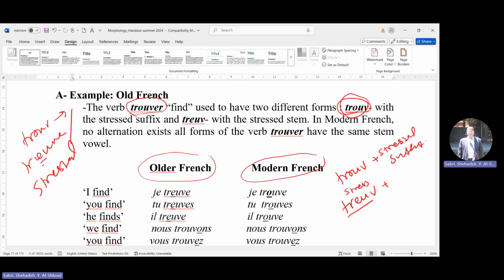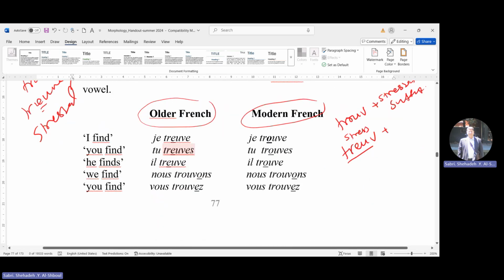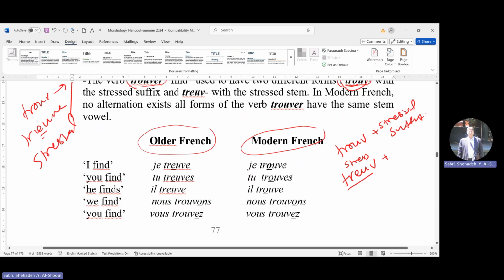That depends upon the ubiquity and distribution of the form in the language. Now if we look into the verb in Old French, je trouve.